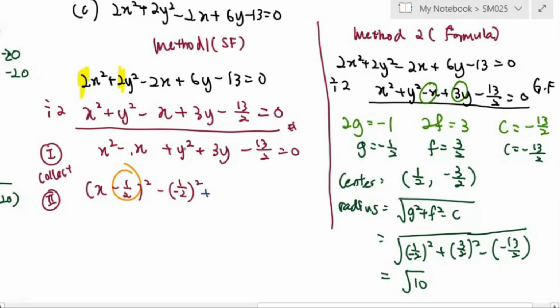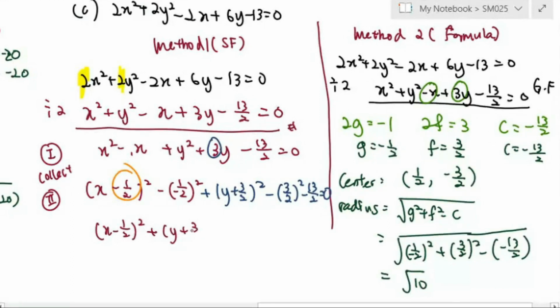Again, I can do it again for y. So y put in bracket squared. For this coefficient b divided by 2, so 3 over 2. Then minus back the square of 3 over 2. Therefore, finally we collect back the brackets, and then equals to, so try to calculate this.